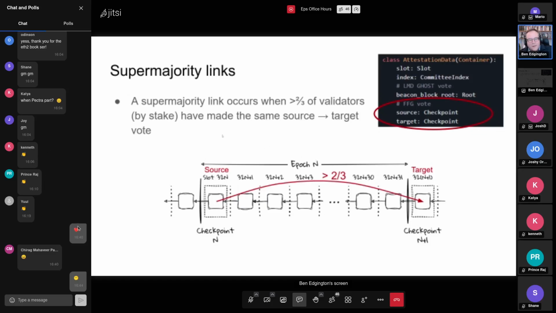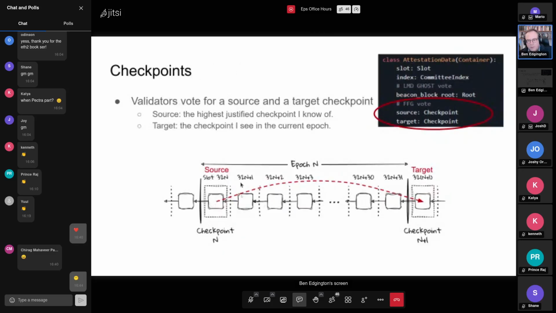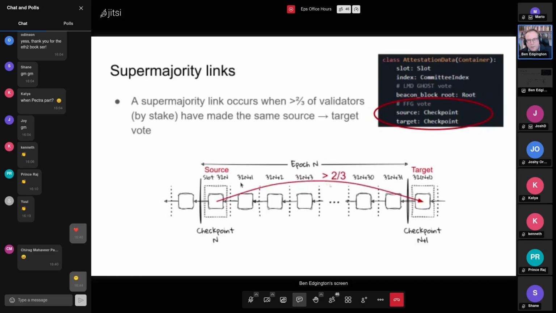And if I see more than 2/3 of validators by stake weight making the same source target vote, then I have what's called a supermajority link. So a vote is a link between source and target, and a supermajority link is when more than 2/3 of validators have made the same vote for that.